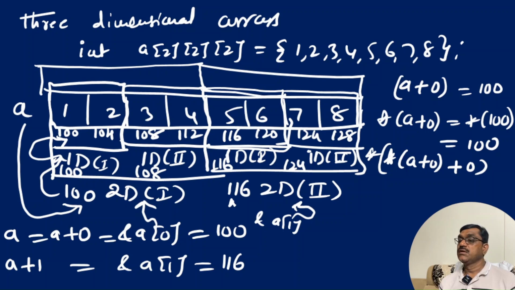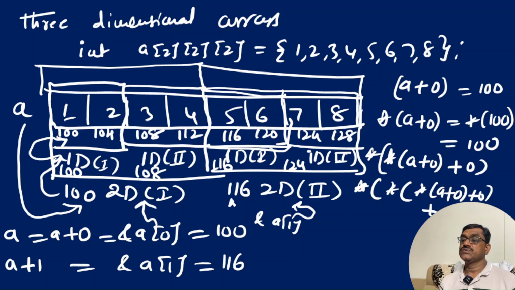Now how to get the value 1? To get this value, what you do is star of star of star of A plus 0 plus 0 plus 0. This is the logic we have to use. That means to get the first element, what do you write? First we write A plus 0.